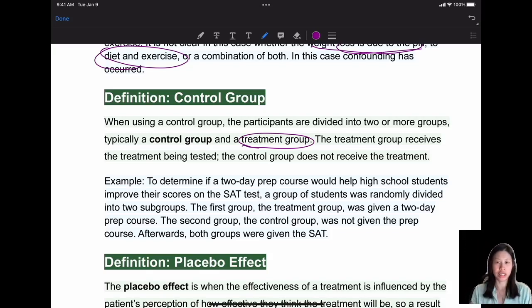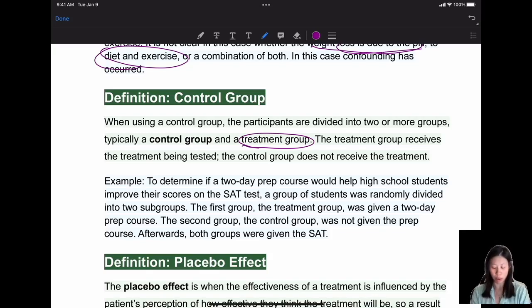Okay, to determine if a 2-day prep course would help high school students improve their score on the SAT test, a group of students was randomly divided into two subgroups. The first group, the treatment group, was given a 2-day prep course. The second group, the control group, was not given the prep course.